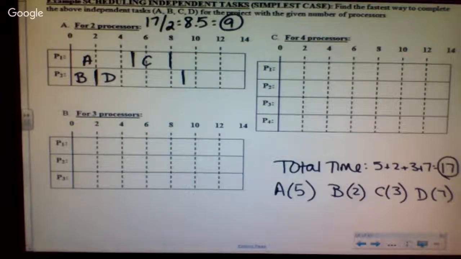We're not trying to find a winner. Processor 2 works for 9. Processor 1 only works for 8. Well, nobody can go home until everything is finished. So processor 1 is stuck there until 9. What they do for that last minute is they sit around and twiddle their thumbs.